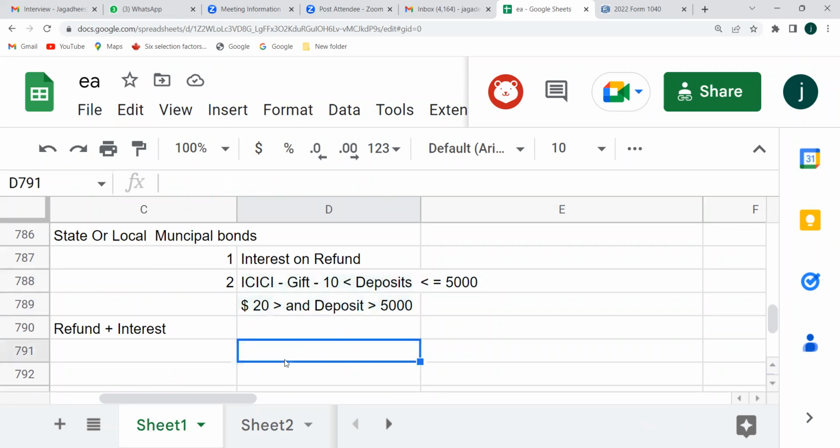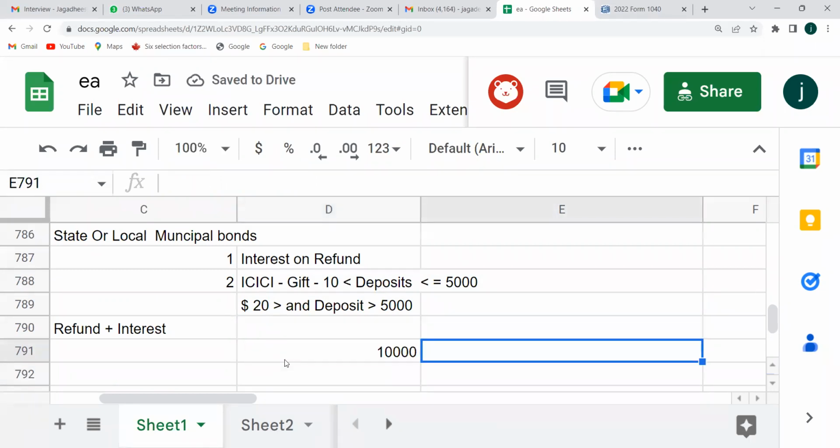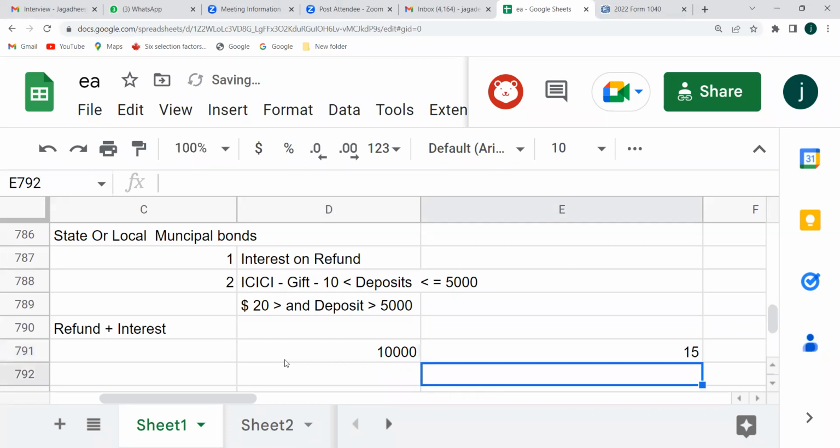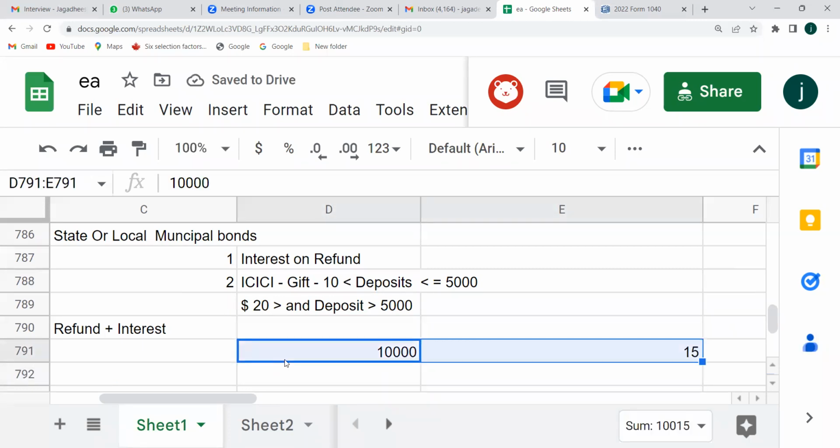Okay, so I will ask you an example, and you need to tell. My deposit amount is $10,000 and I am getting a gift of $15. So can I include it in taxable income, or can I exempt it? It is exempt only.